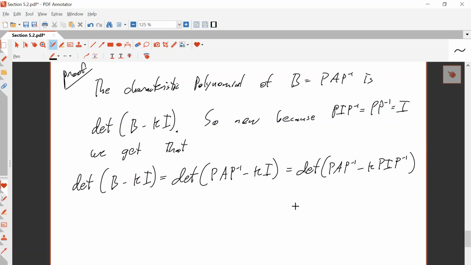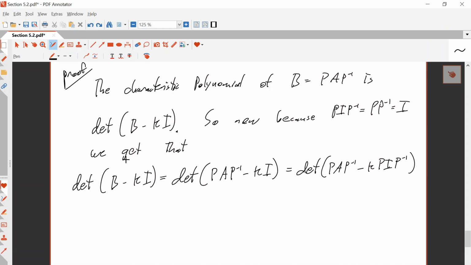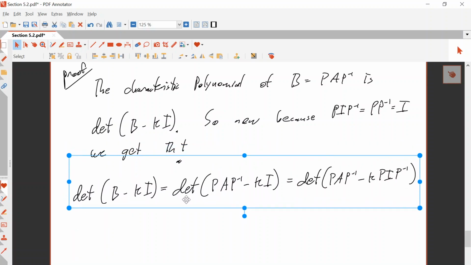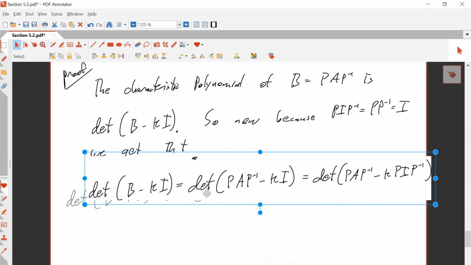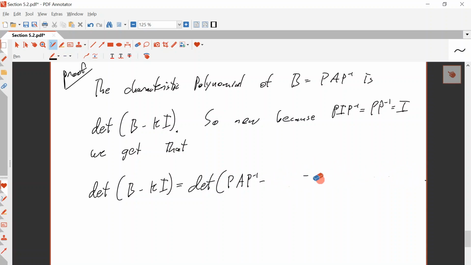So let's do that all in one step there. K P I P inverse is equal to, so we factor out P on the left, P inverse on the right.